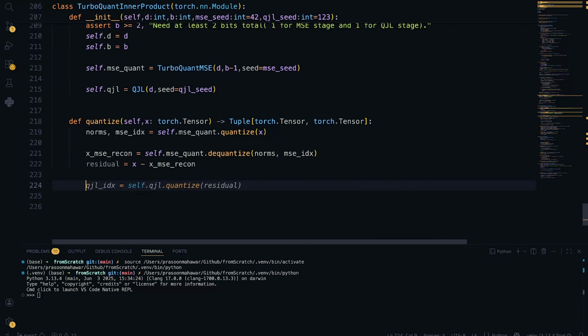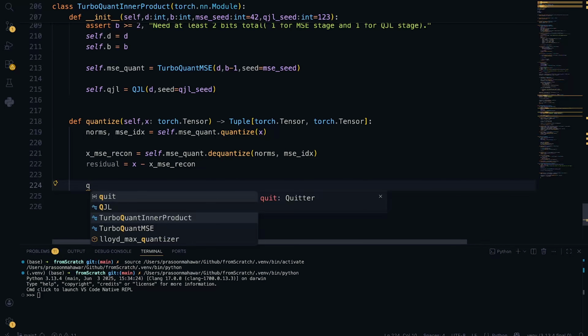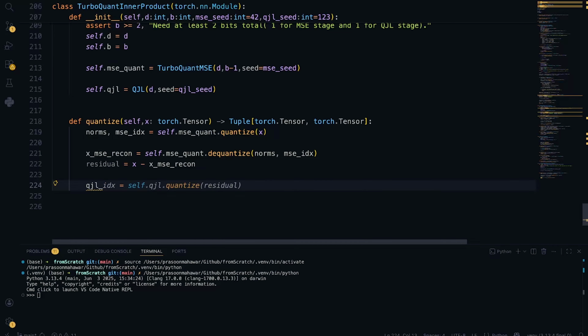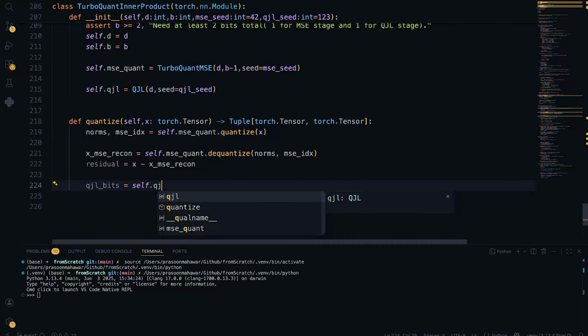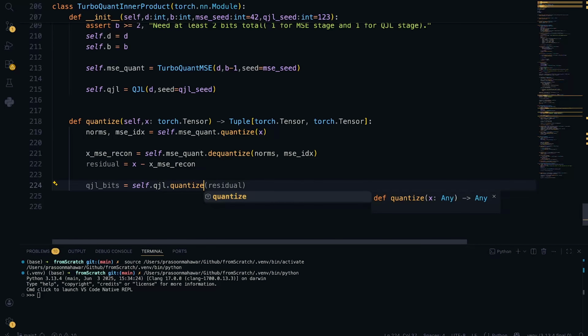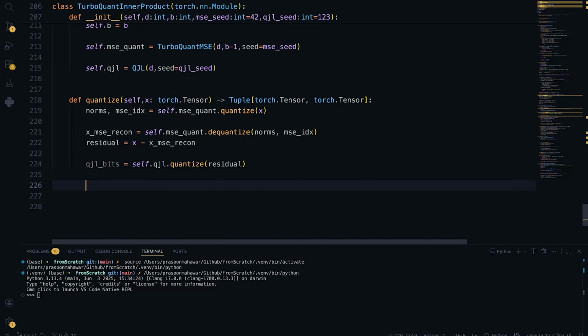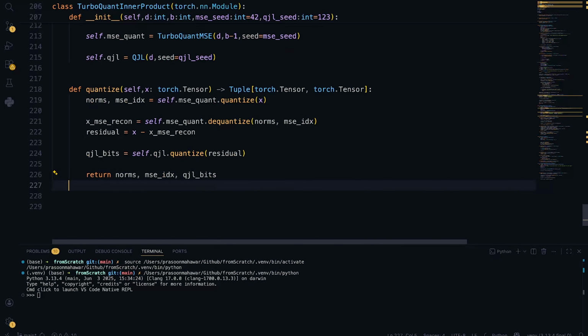Then comes stage 2, the unbiased quantization, QJL on the residual. So QJL bits equals self.qjl.quantize with the residual, and finally we return norms, MSE index and QJL bits.